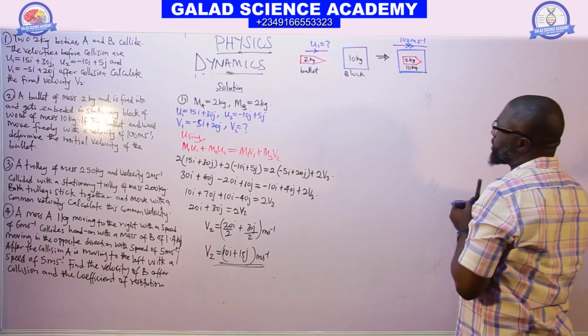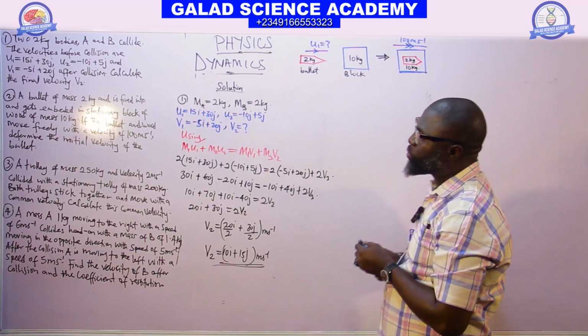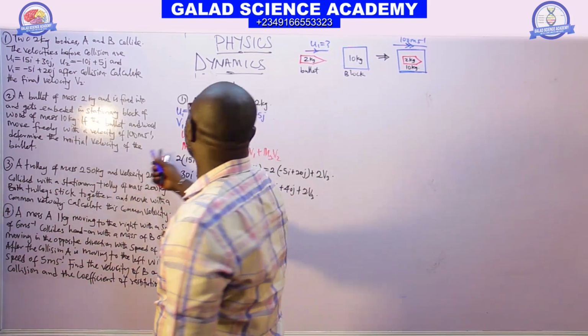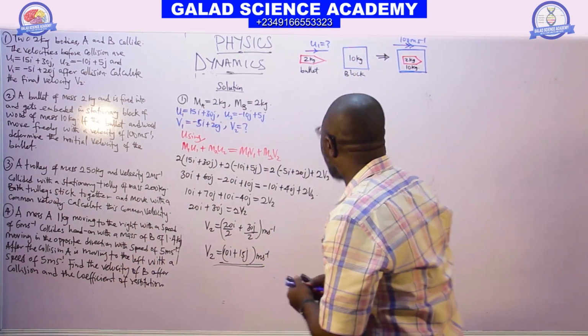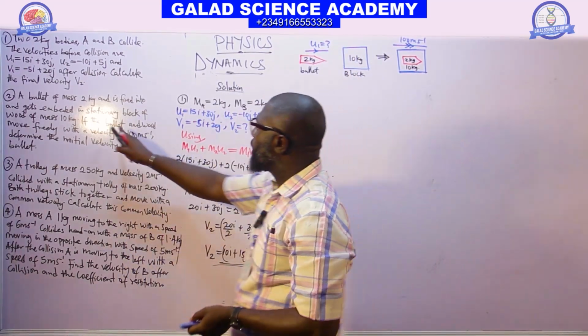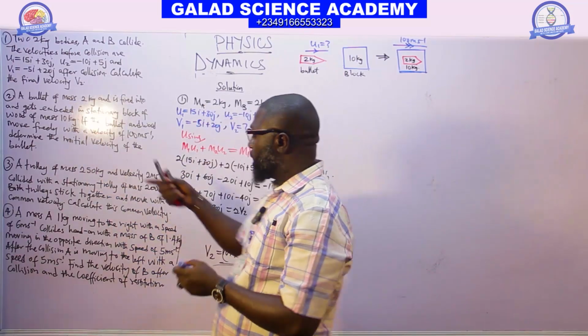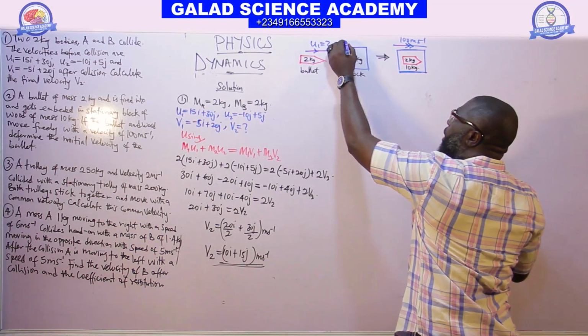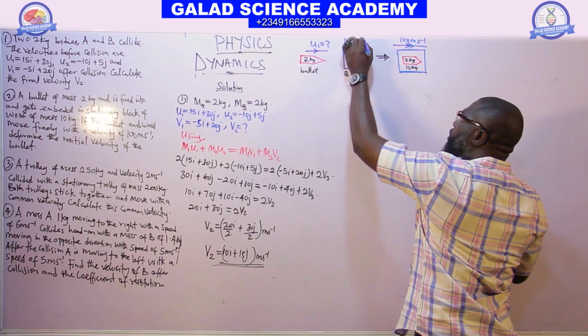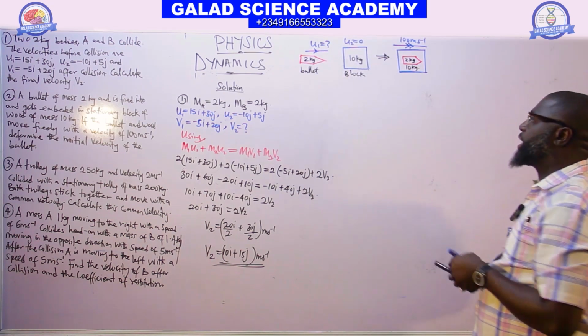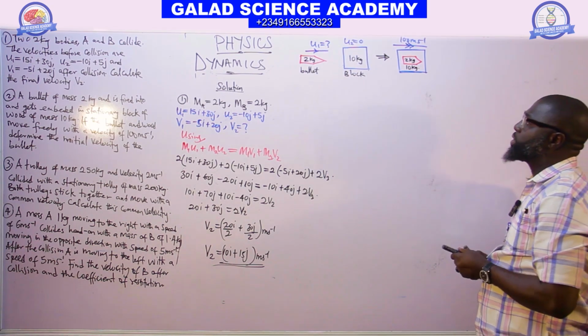You are now asked to determine the initial velocity of this. So don't forget that this block is stationary. When the block is stationary, our u2 is equal to 0 in this case.